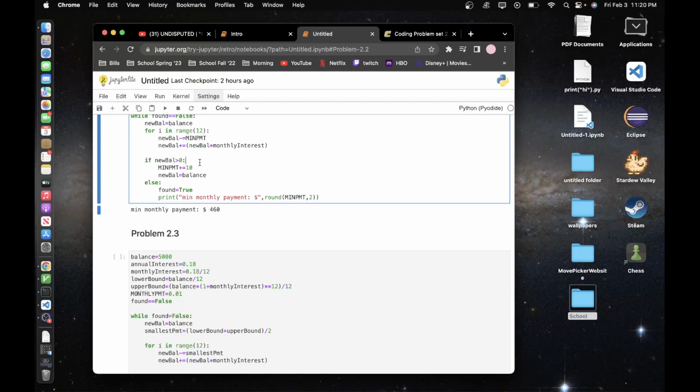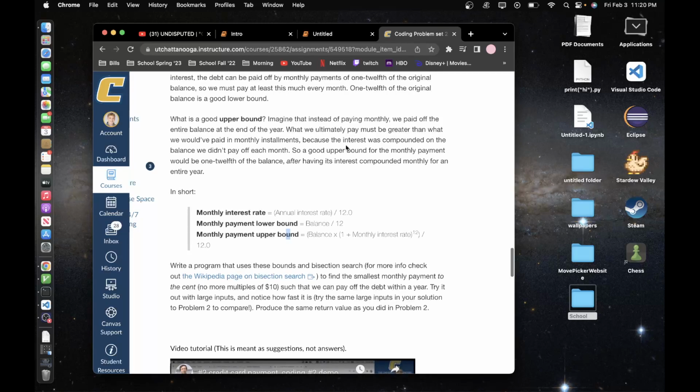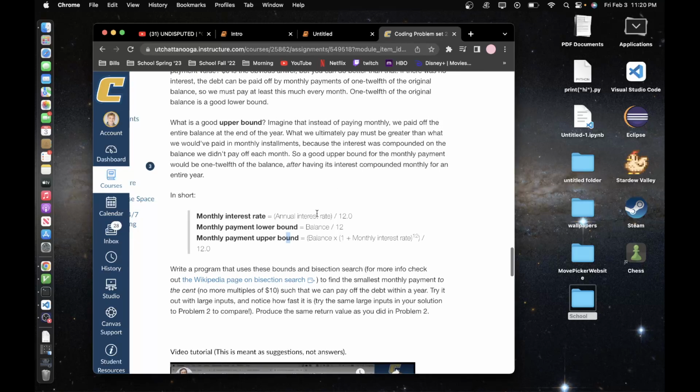Ooh, trouble with this one. So it says here that we want the payment to the cent.